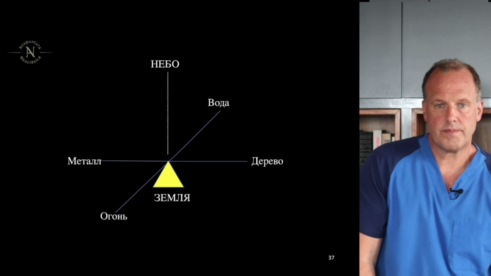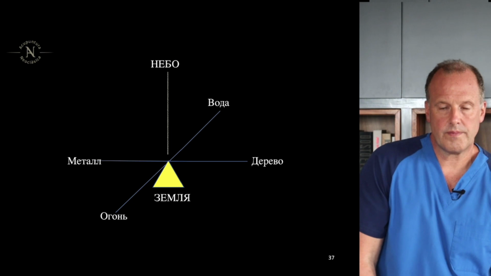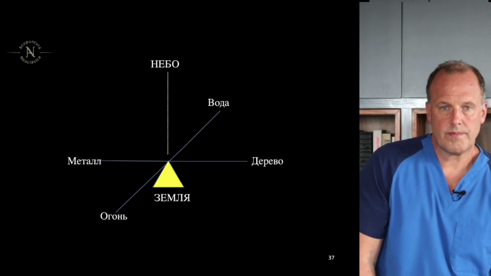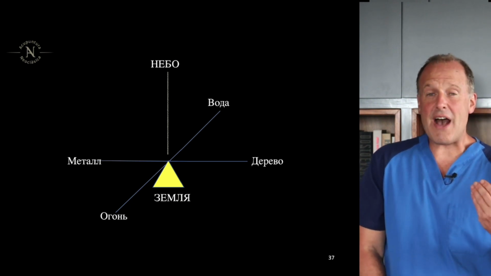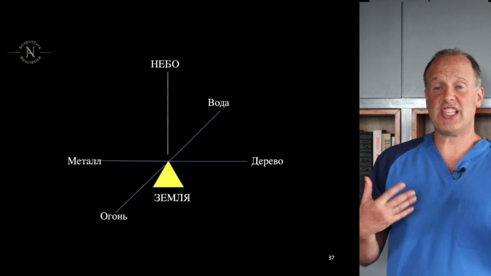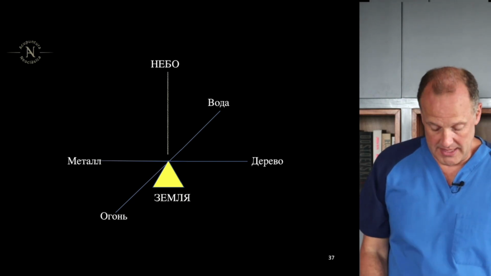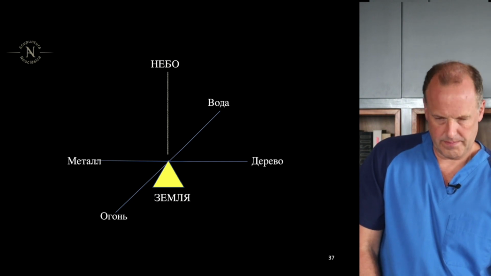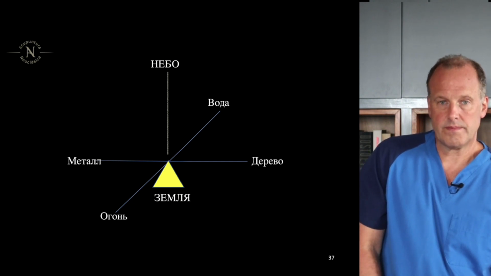Но я хочу вам сказать, когда я использовал перикард и тройной обогреватель в алгоритме для того, чтобы сбалансировать небо и землю, это сработало идеально. And now finally we have a 6-coordinate, 6-element system. И вот, наконец, мы с вами видим, что перед нами система из 6 координат и 6 элементов.